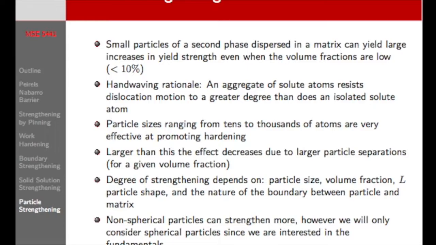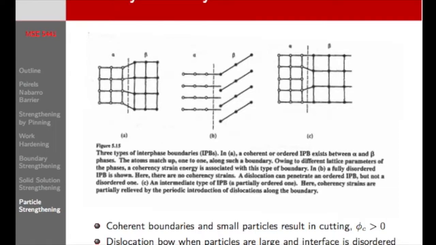If I have a fully coherent interface with my particle, it's going to be easier for dislocations to go through than if I have an incoherent one, right? And so we have to think about these things. So of course, non-spherical particles can sometimes have a bigger effect. For just the purpose of general principles, we're only going to be talking about spherical particles. But remember that shape can have a play.